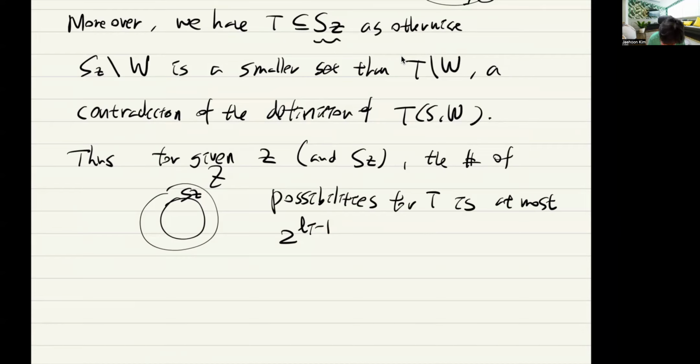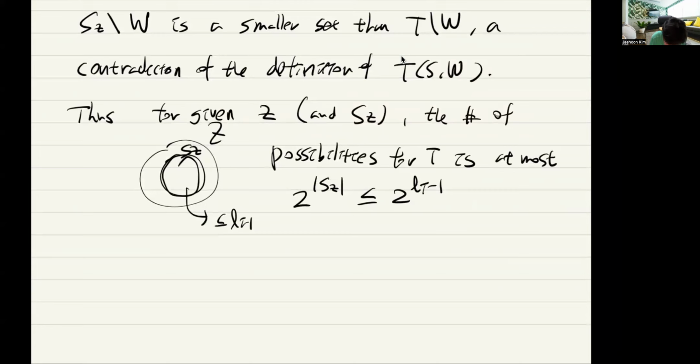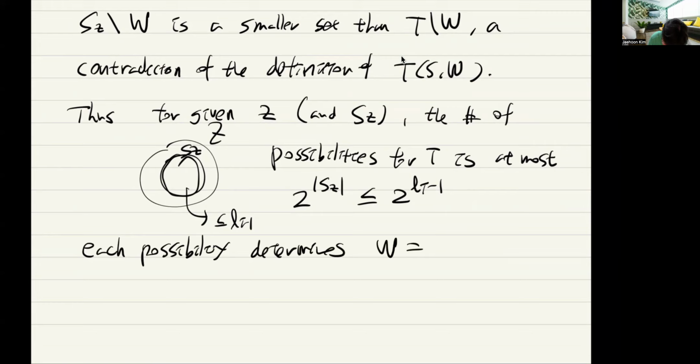Because it's a subset of that, and then it has size at most Li minus 1. I mean, you can write it as 2 to the Li. And each possibility determines W as G minus T.